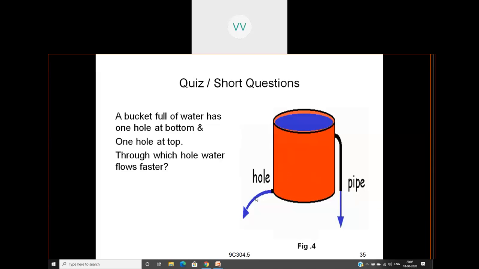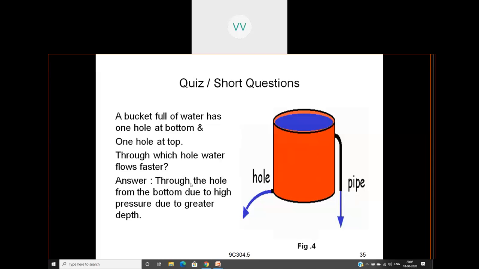Compared to the top position, this position is more critical. So definitely water will be gushing out of this hole more quickly. This is a logical question. So the answer is the hole at the bottom, due to high pressure from the greater depth.